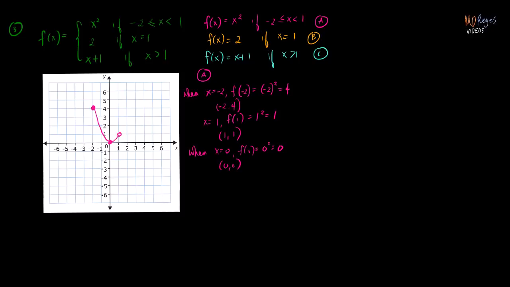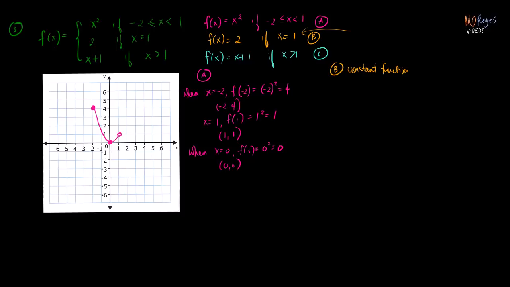Now pertaining to b. b is a constant function. Now we only have that constant function. Look at this. The condition is if x is exactly 1. Therefore, we are just pertaining to a point, not actually a horizontal line, but a point.